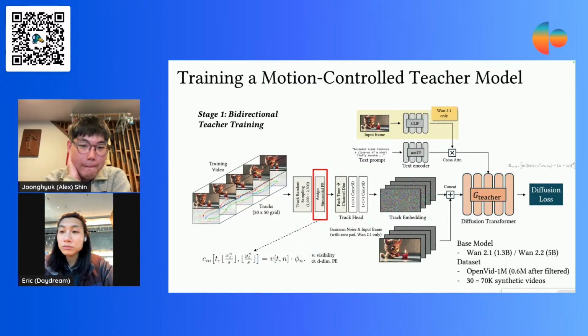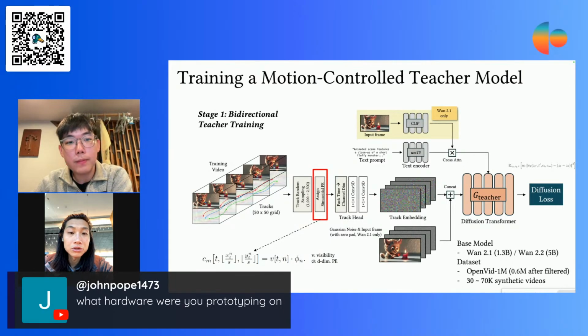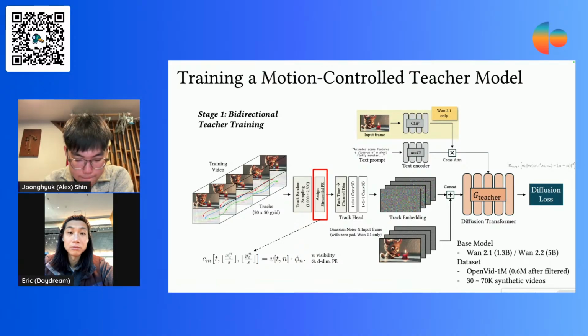People asked if it's possible to combine this type of motion control with other types of control mechanisms, maybe style control using LoRAs or things like that. Yeah, it should be possible.